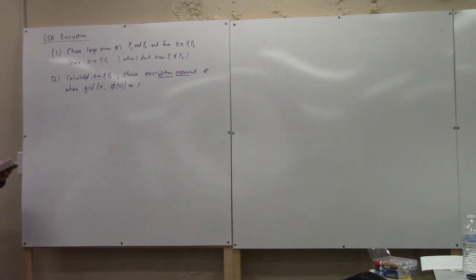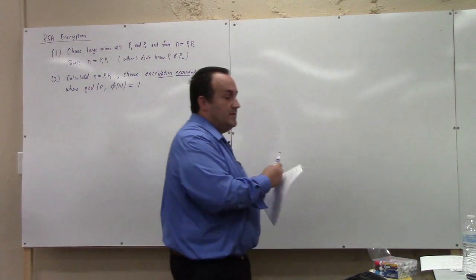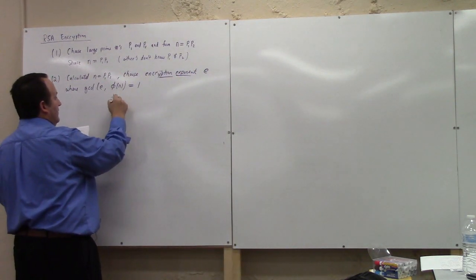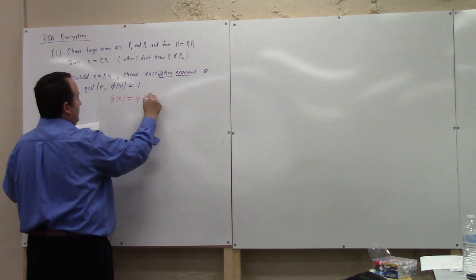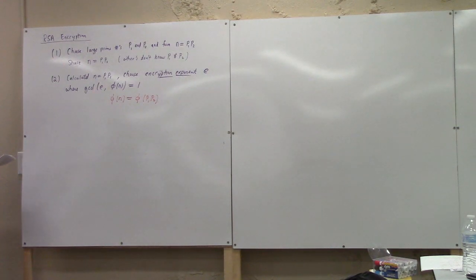Now, again, number 2, you share E publicly, all right? But the mechanics of how you chose that, only you really understand. All right, and we can say more about that because what is phi of n? Phi of n is phi of P1, P2, right? But remember, the Euler phi function is multiplicative.